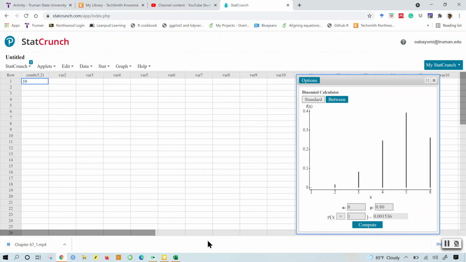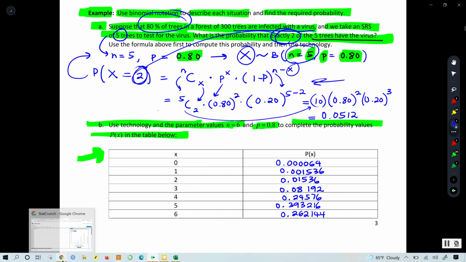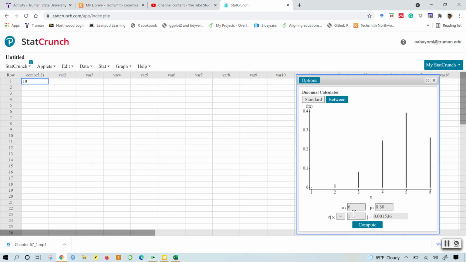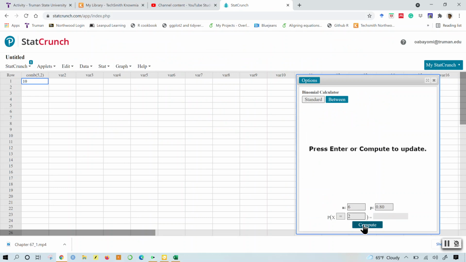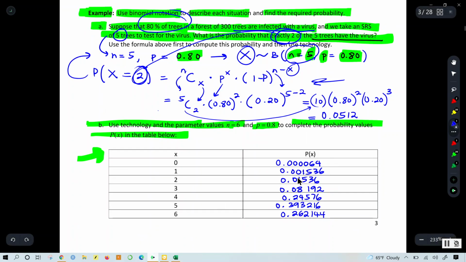That is right here. And I can keep the process going. For x equals 2, I'll do the same. Going back here, I have 2 and this is equal to 0.01536, which I have there. So you can continue the process and you will get all of these values.